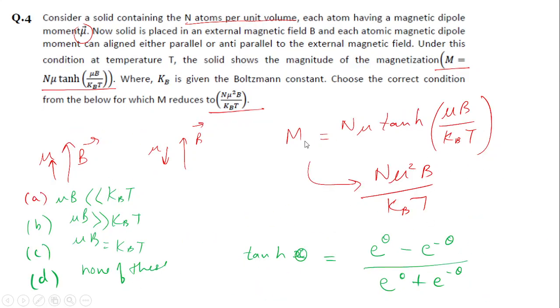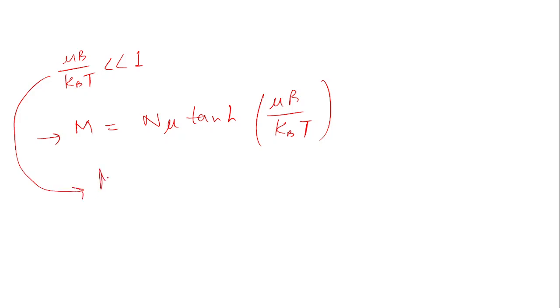That means magnetization in this situation, which was earlier this expression, n will be there, mu will be there, but tanh theta will be just theta.